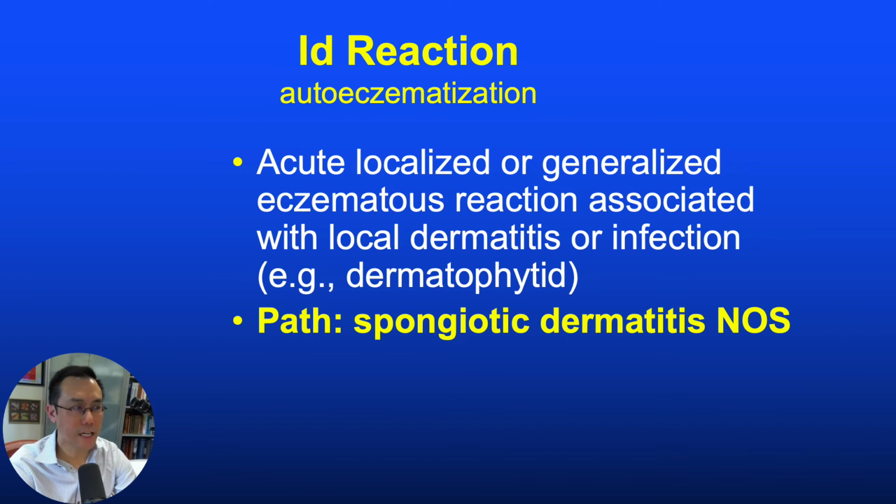With the id reaction, we get Freudian dermatopathology, and this is characterized by acute, localized, or generalized eczematous reactions, usually associated with a known trigger, classically superficial fungal infection like tinea pedis. And on pathology, it's spongiotic dermatitis, not otherwise specified.